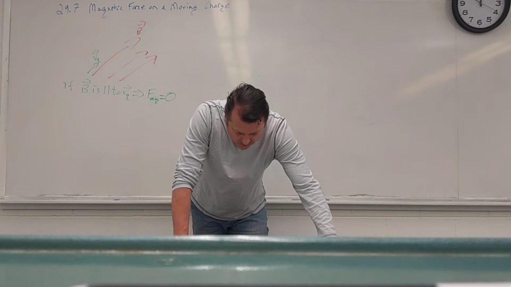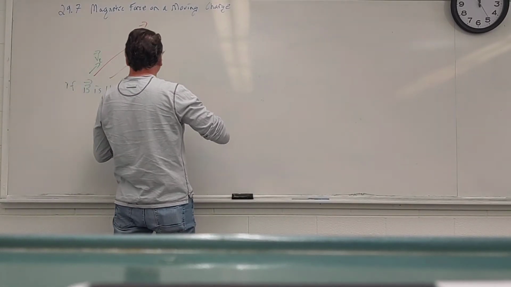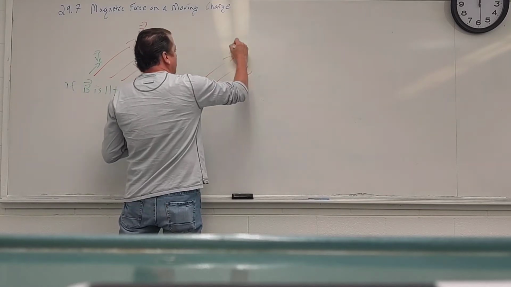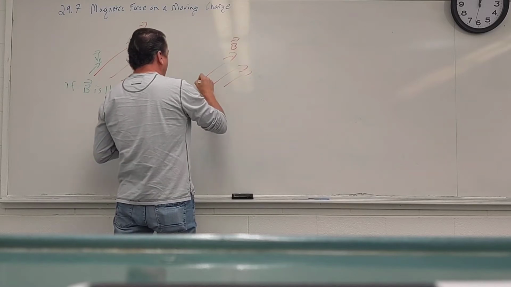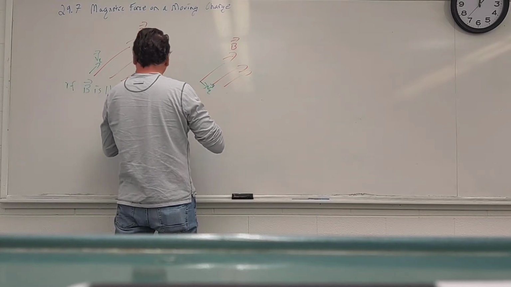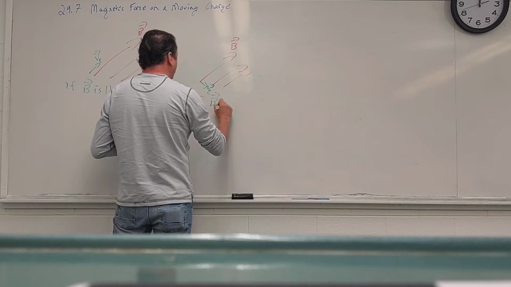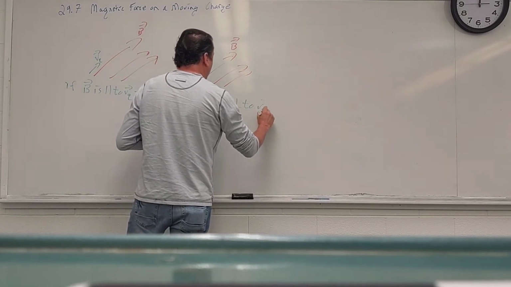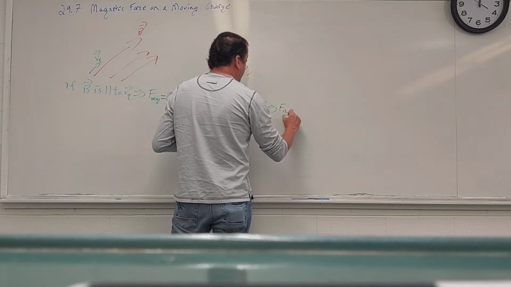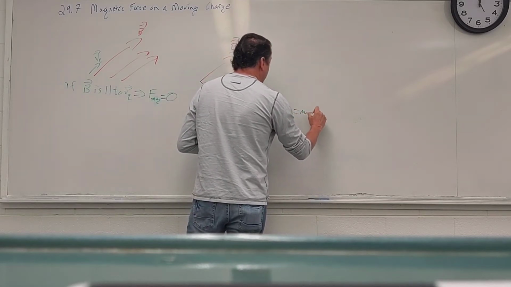Now, he found that if this is your external magnetic field, and the velocity of your charge is in this direction, so the B field is perpendicular to the velocity of your charge, then the magnetic force on that charge is maximized.